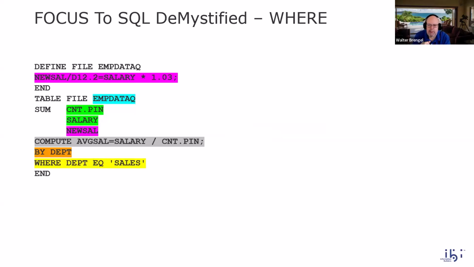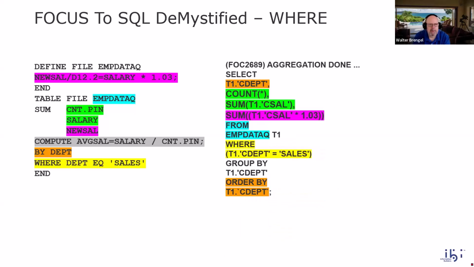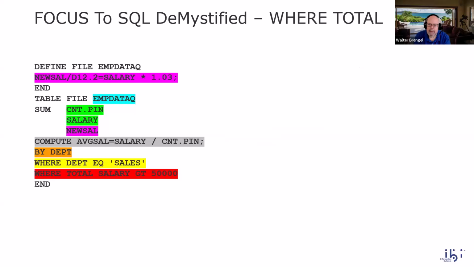Okay, I'm going to add a filter where department equals sales, and we're just going to add to what we've already had. We also have in the focus world a where total. So where total says where the aggregated value for the salary at the by level, so at the lowest by level.